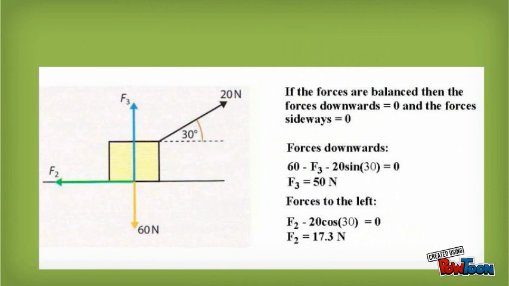Now, if the forces are balanced, then the forces acting in the vertical direction must be equal to 0, and the forces acting in the horizontal direction must be equal to 0. So let's have a little look at the forces acting in the vertical direction. We've got a 60 Newton weight which is acting downwards.